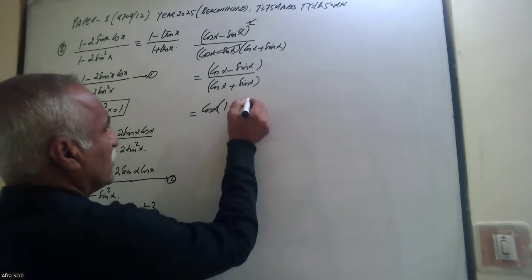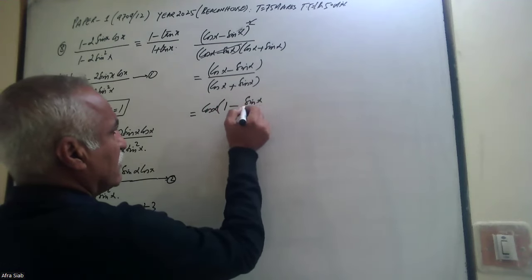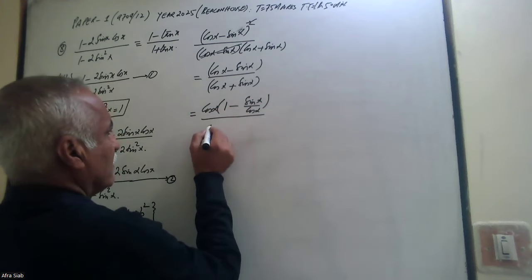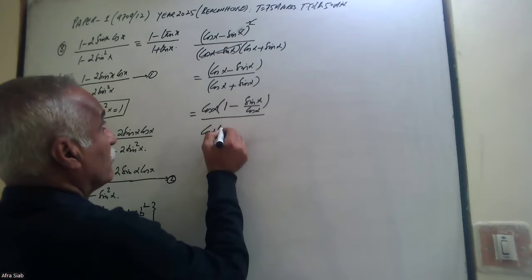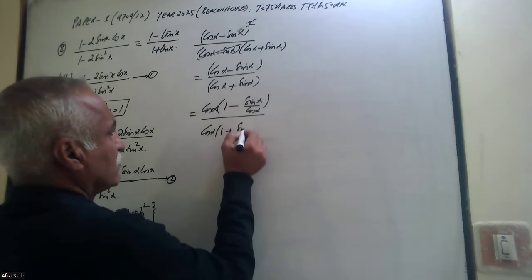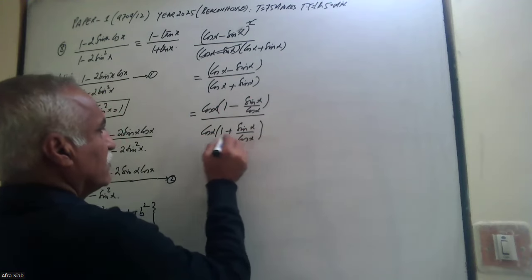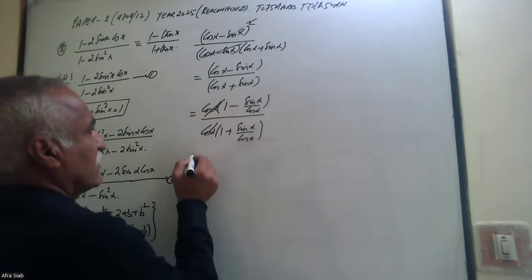So it should be equal to 1 minus sine x over cos of x. And here also cos of x taken to be common. So 1 plus sine x over cos of x. So this cos of x and this cos of x cancel out.